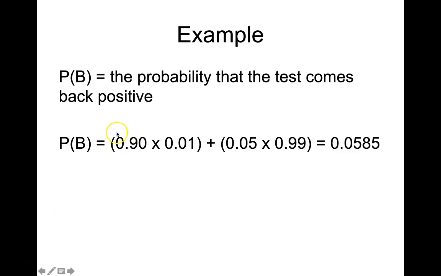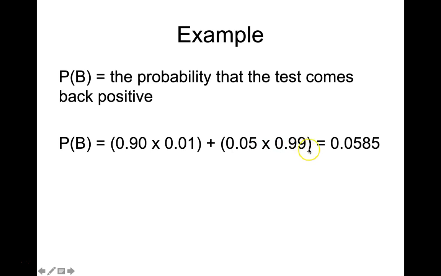So, if you give a COVID-19 test, 1% of the time, you're giving that test to someone who has COVID-19, because 1% of the population has COVID-19. And 90% of the time, when you give the test to somebody with COVID-19, it will come back positive. So you multiply those numbers together.